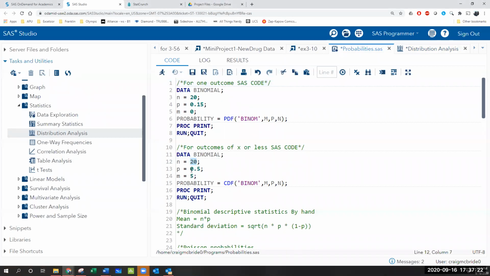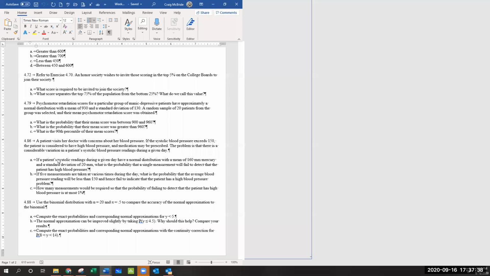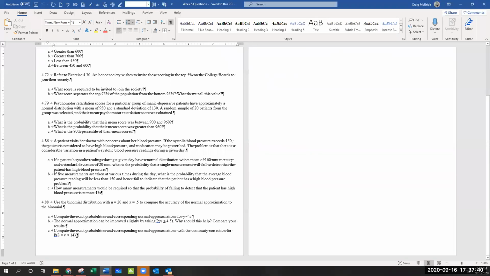We've got a p-value of 0.5, and then they want the exact probabilities for 8 to 14. Well, if we do a binomial, remember, what's very important is it wants strictly between 8 and 14.